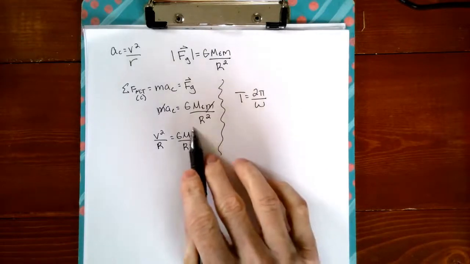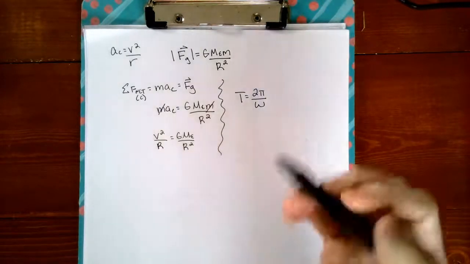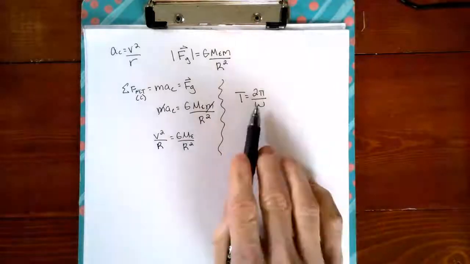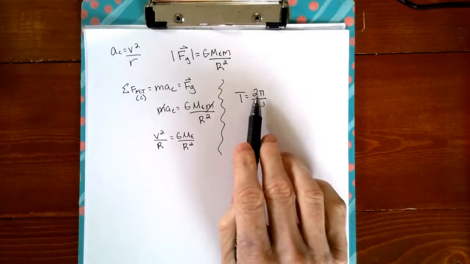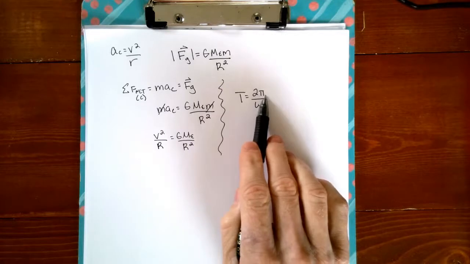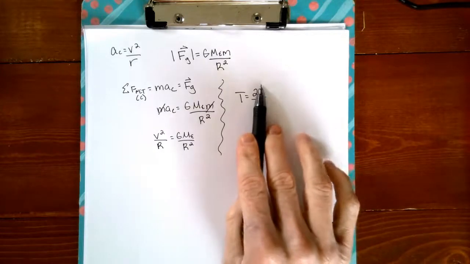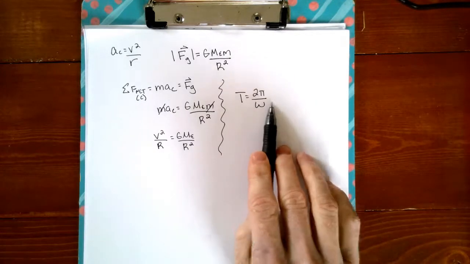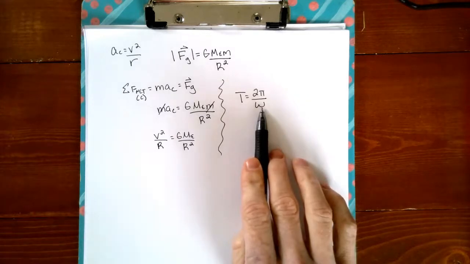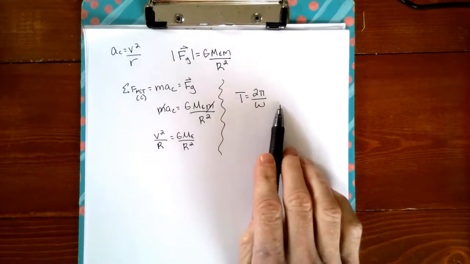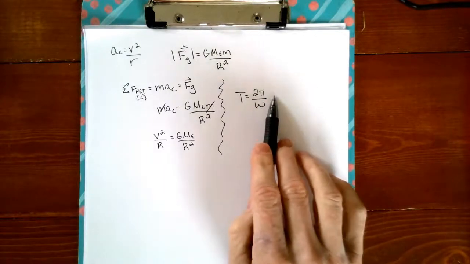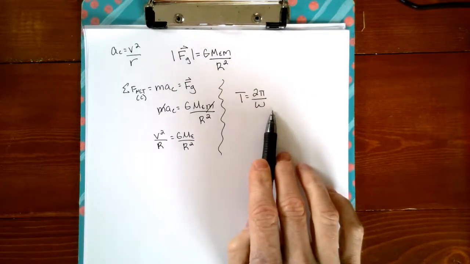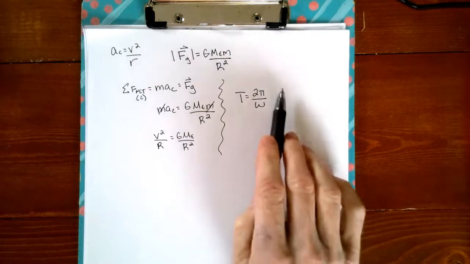If you look at this as 2 pi, well, that's 2 pi radians. Well, that is what we traverse going through one revolution. And angular velocity, well, that is the number of radians per second. So we have radians per revolution over radians per second. Radians cancels. You take care of the units. You get that this is seconds per revolution, which is what period is.